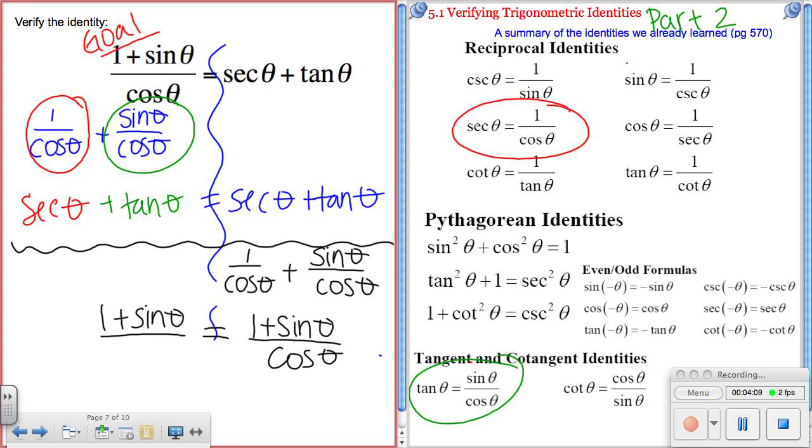So you can see I could also verify this one the other way if I wanted to. It's not going to matter which side you start with. You should be able to make it look like the other side. It's just a matter of how much work and how much more complicated it is. In this case, either side you started with would have been just fine.